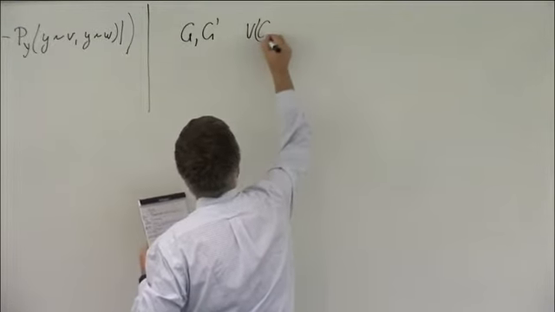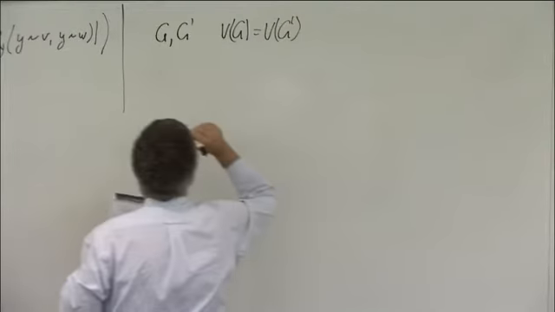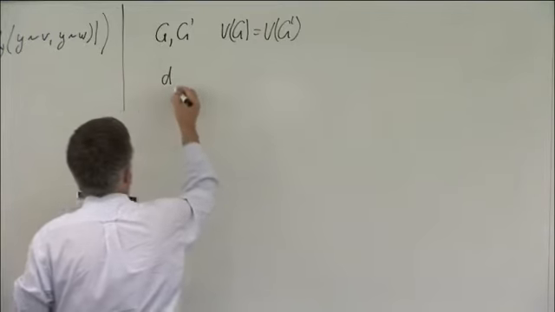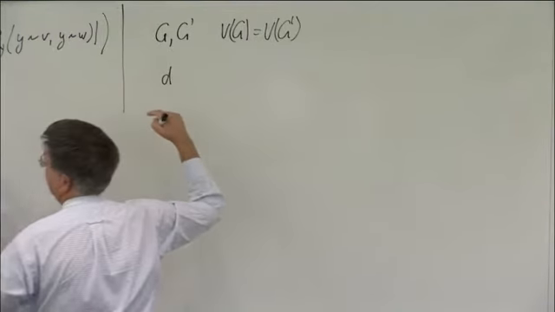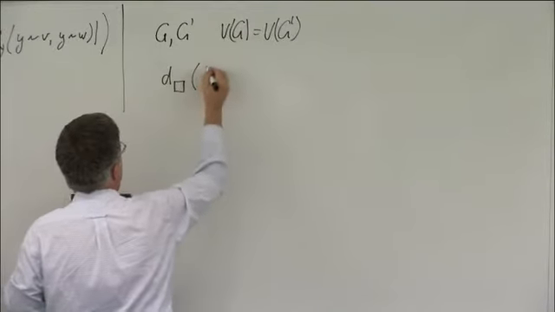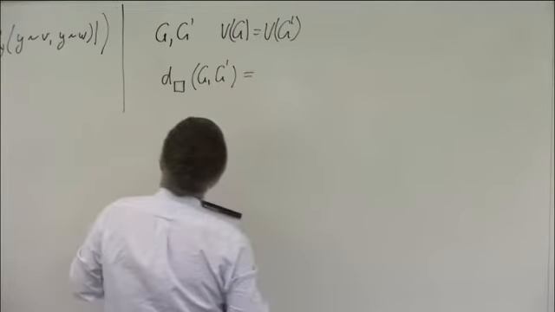If you have 2 graphs on the same set of nodes, then we want to define another distance, but that's now between graphs and not between points of a graph. It's called the cut distance of the graphs.